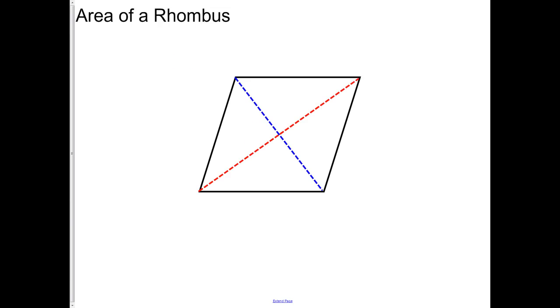Our other area formula for a rhombus uses the diagonals. We have diagonal 1 and diagonal 2. It's a fairly simple formula, and it is area is equal to diagonal 1 times diagonal 2 divided by 2. We just take and multiply the two diagonals together and then divide it by 2.